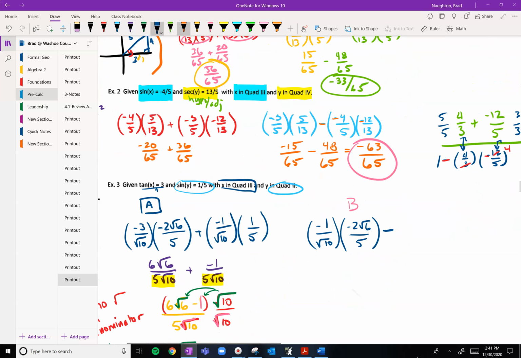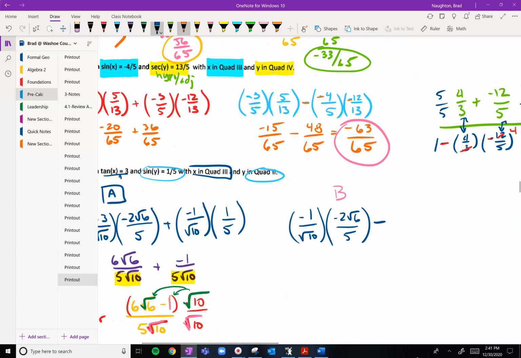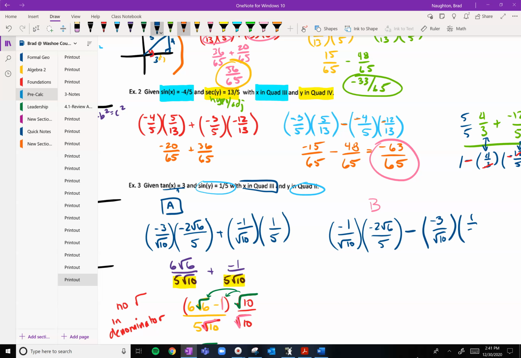Minus, there we go. Alrighty, then I'm going to do a 3 over root 10. 3 over root 10, I'm just making sure I did my sign, so that's a minus. It's going to turn to a plus here in just a second. Alrighty, and then last but not least here, it's going to be 1 over 5.